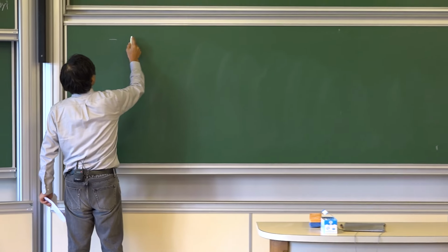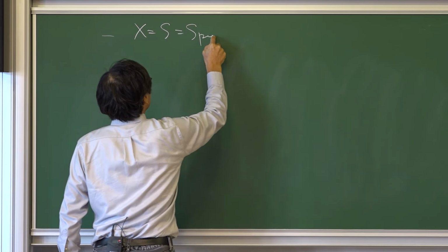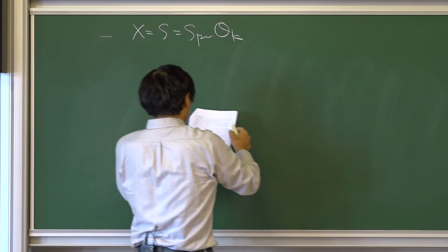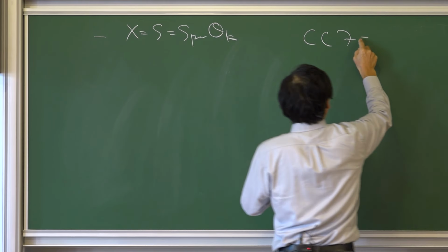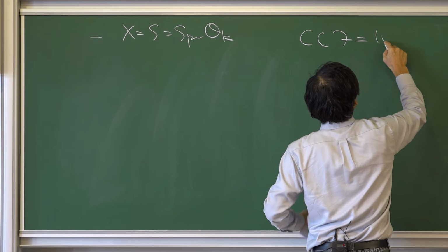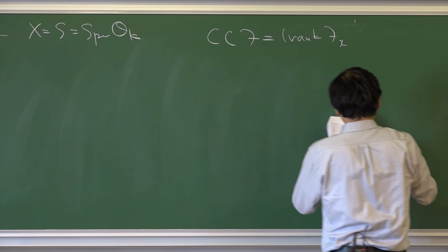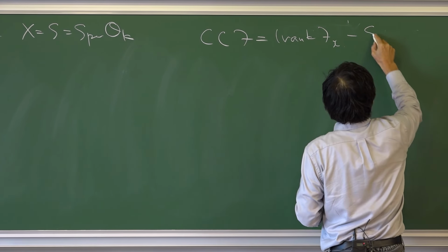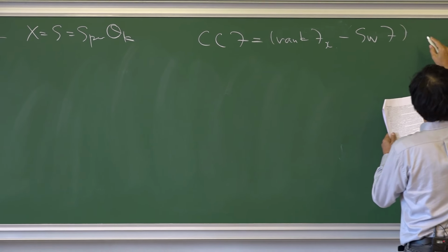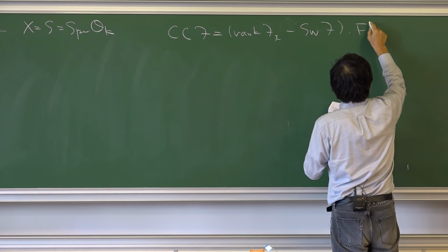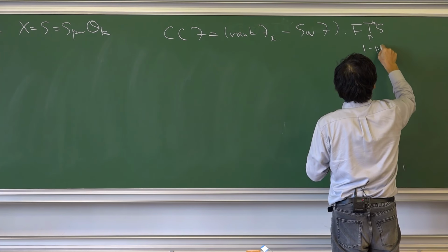And in the base case, if X is the base, Spec of a field, then in this case this CC should be the rank of the closure fiber minus the conductor of the generic fiber, times, so this is just 1 point.